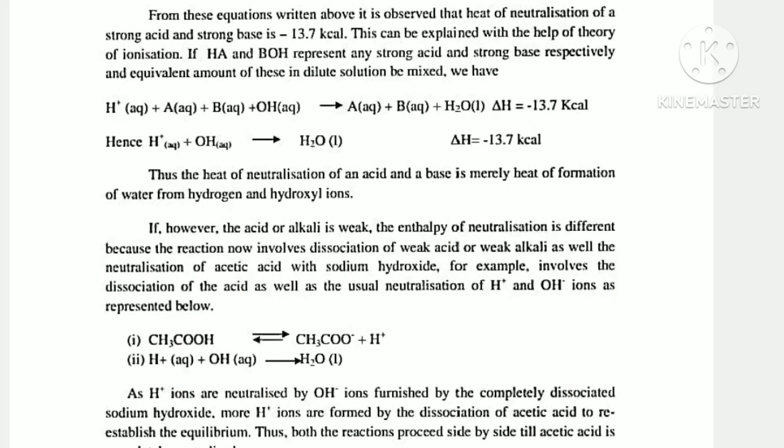This can be explained with the help of the theory of ionization. If HA and BOH represent any strong acid and strong base respectively, and equivalent amounts of these in dilute solution are mixed, we have H+ (aq) + A- (aq) + B+ (aq) + OH- (aq) gives A- (aq) + B+ (aq) + H2O, delta H is equal to minus 13.7 kilocalorie.